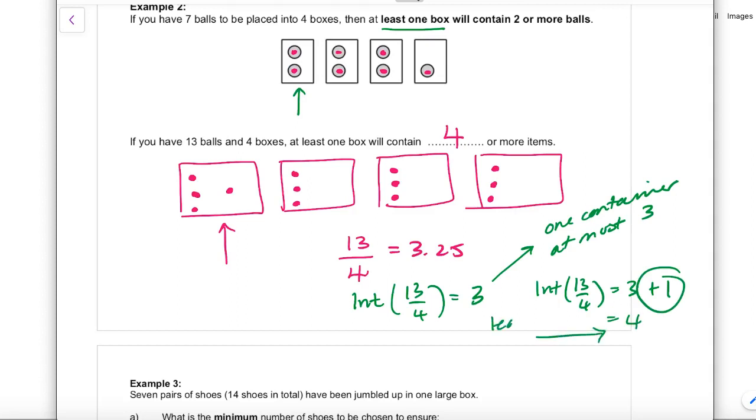So we have at least one container with at least 4.